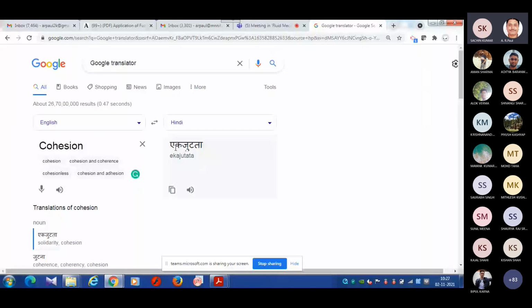This attraction is among the same fluid, like water molecules having an affinity with other water molecules. So this is called cohesion.